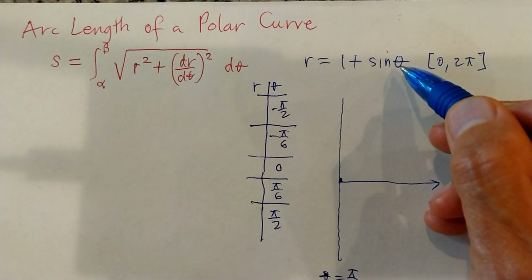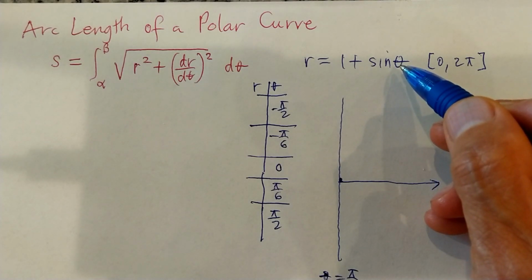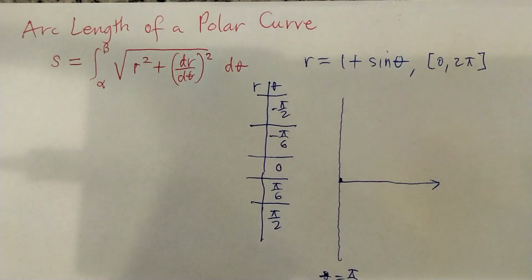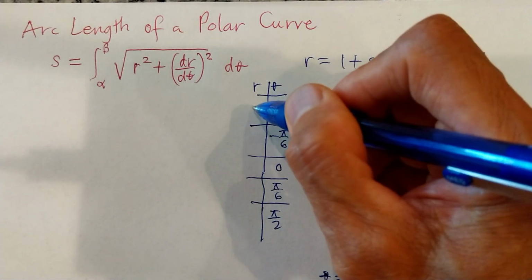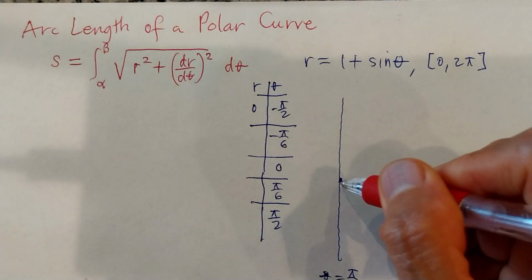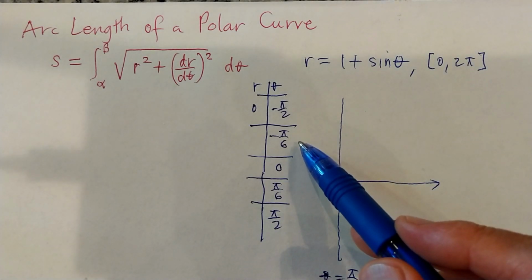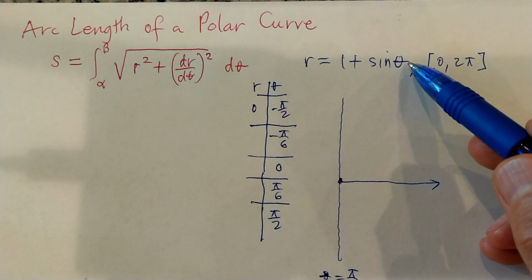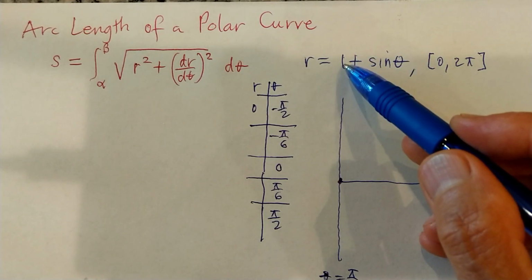At negative pi over 2, sine of negative pi over 2 is negative 1, so 1 minus 1 is 0. So our point is at 0 at negative pi over 2. At negative pi over 6, sine of negative pi over 6 is negative 1/2, and negative 1/2 plus 1 is 1/2.